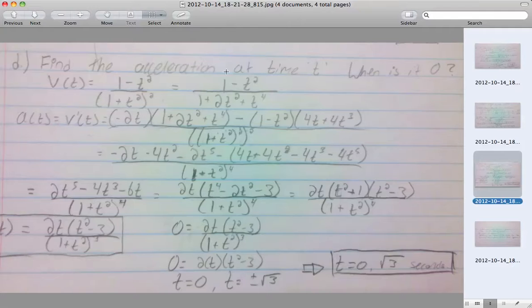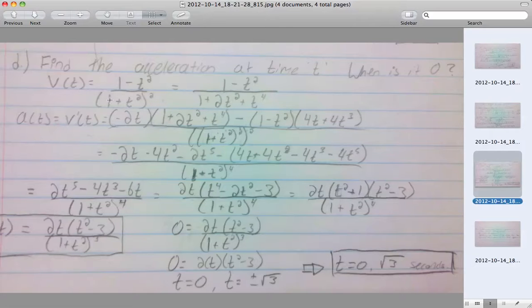And so now we can find the acceleration at time t, and then when it is 0. So basically we're just finding the derivative again, and we can do that the exact same way we did before with the quotient rule. So we have this derivative, v of t instead of x of t, 1 minus t squared over 1 plus t squared, squared.